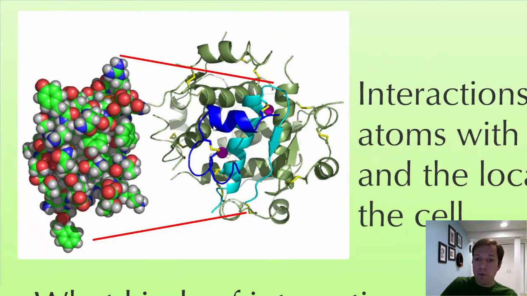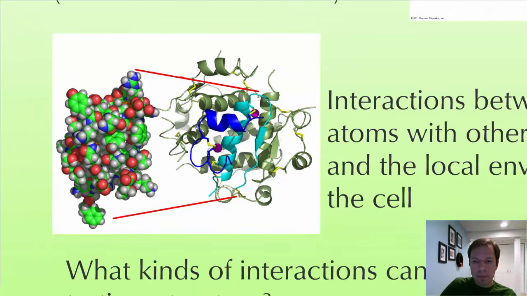You have a couple of different ways of representing this. On the left, a space-filling model shows colored circles to represent all of the atoms involved, so you can get a sense of the three-dimensional structure, whereas the one on the right highlights all the secondary structures that make up this complex three-dimensional shape.